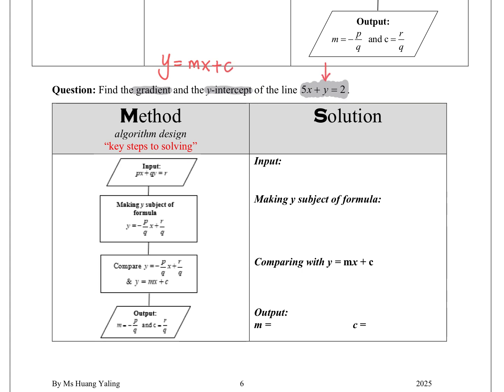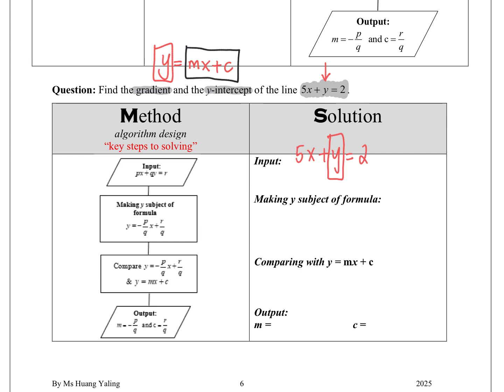So what do you think I need to do? Make a guess. I need y to be on one side, and then the x and the constant to be on the other side. So I need to keep this here. Everything else, I need to shift it to the other side. So what do you think I need to do?